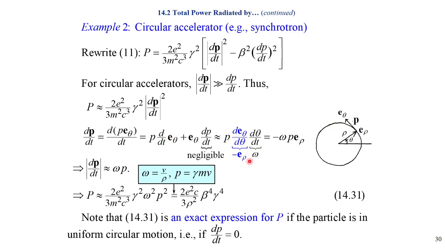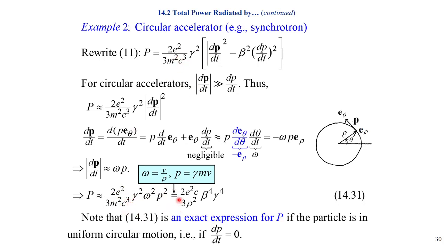And the direction is always changing in the minus E_rho direction. So that will be the centripetal change, omega P E_rho. So the absolute value of dP/dt will be omega P. Substitute this one into here. Eventually we get 2e squared gamma squared omega squared P squared divided by 3m squared c cubed.